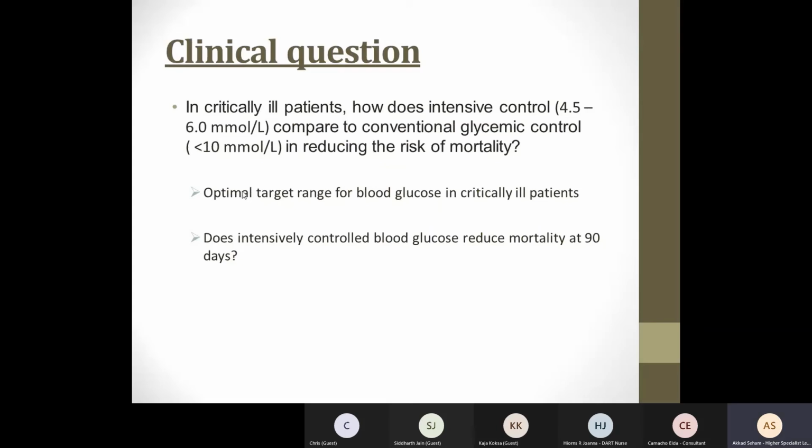And this was to see what was the optimal range of the blood glucose level in critically ill patients, and if you intensively control blood glucose, does this reduce the mortality at 90 days?